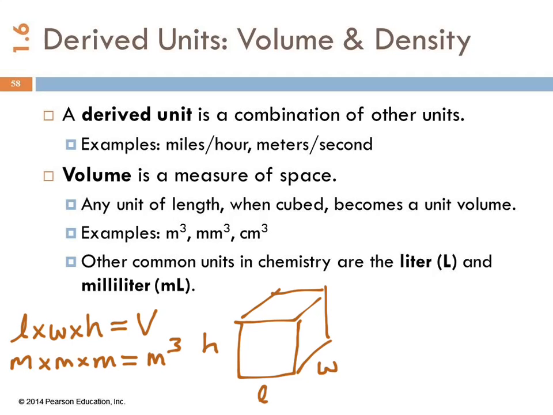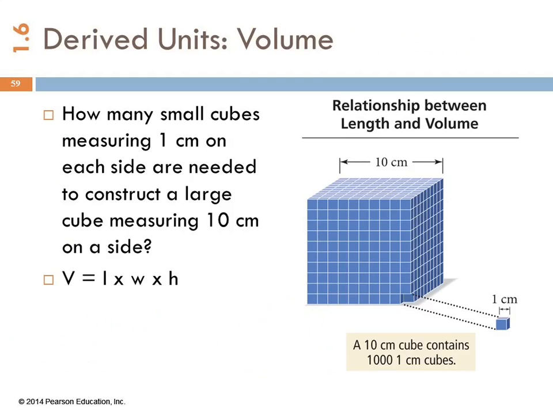Common unit we use for volume in chemistry, because we don't deal with solid objects that are easy to measure very frequently. We deal with a lot of liquids. We use the liter and the milliliter, but those are related to these derived units of meters cubed.